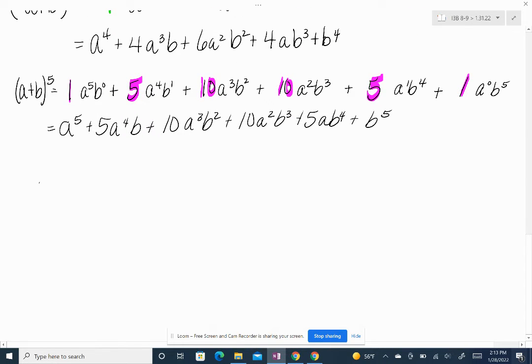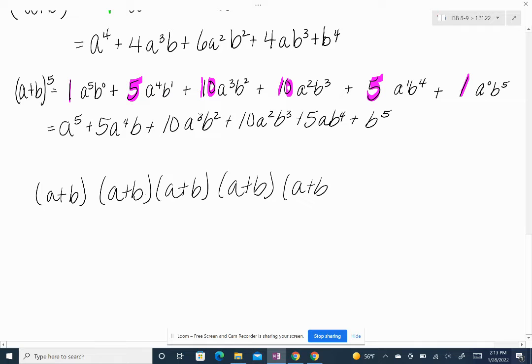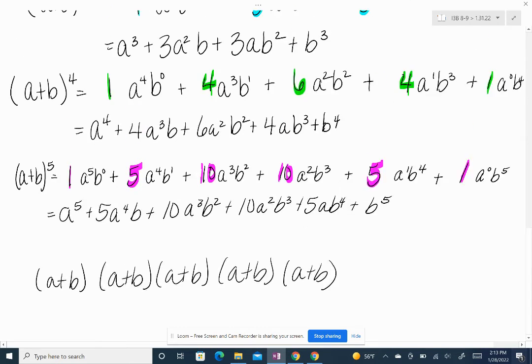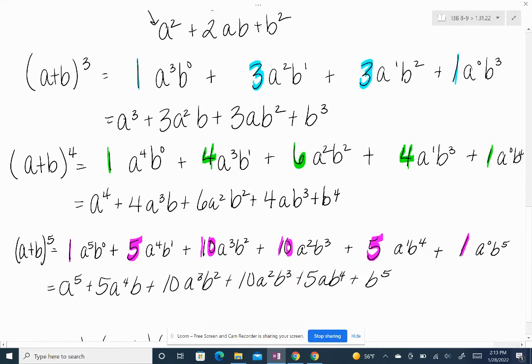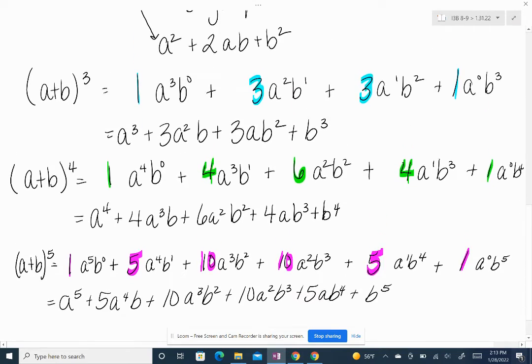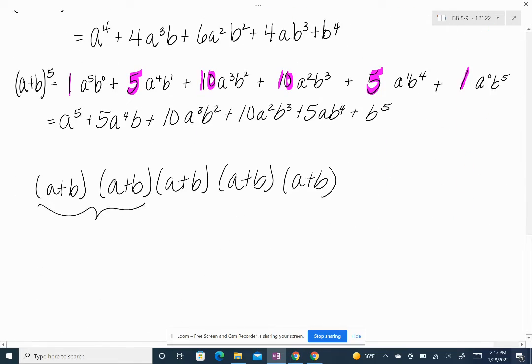Otherwise, you'd have to write it like this. One, two, three, four. 1, 2, 3, 4, 5. Okay, so it would be this for what we already did earlier when we did the FOIL, a squared plus 2ab plus b squared.